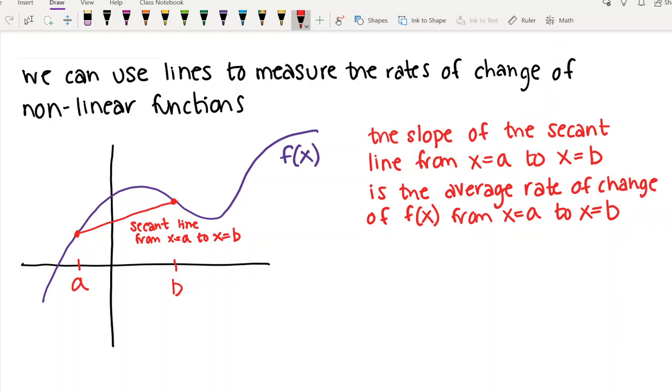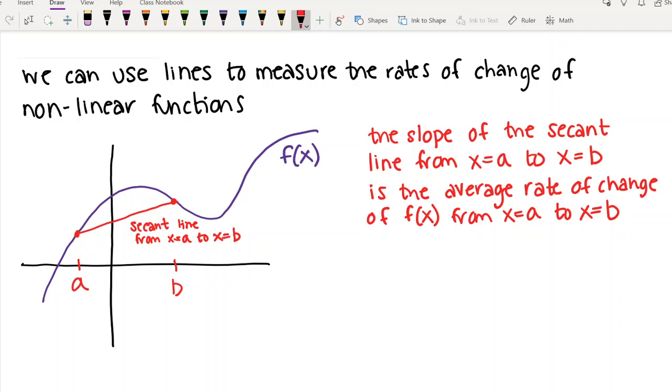Okay, so how do you actually find the slope of a secant line? Well, if you think about it, it's basically just finding the slope of a line, right? And so to find the slope of any line, you're always doing the change in your outputs over the change in your inputs. Or you might have learned it as y2 minus y1 over x2 minus x1. So if our function is f of x, the outputs corresponding to a and b are going to be f of a and f of b, right?